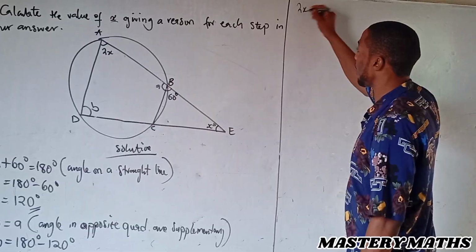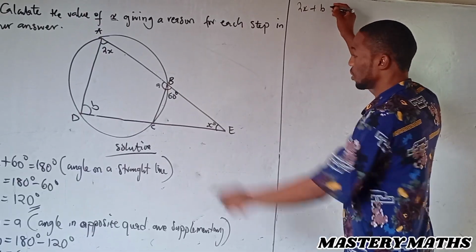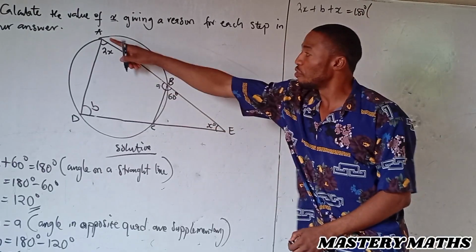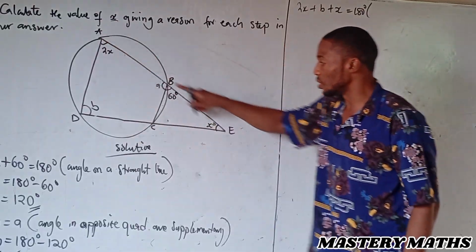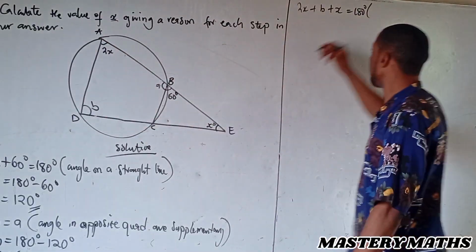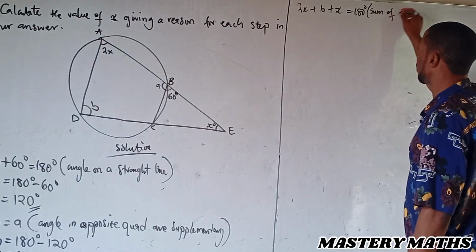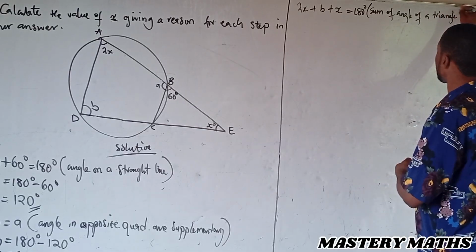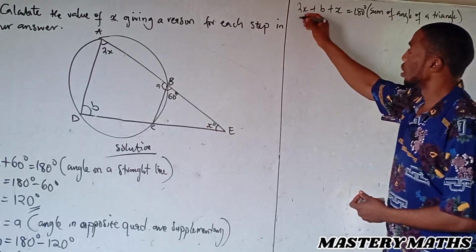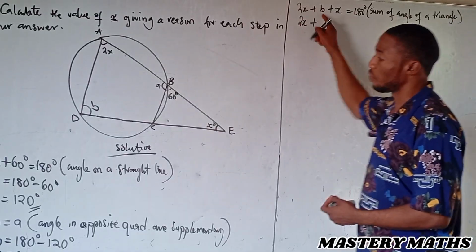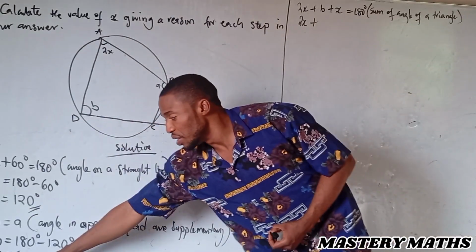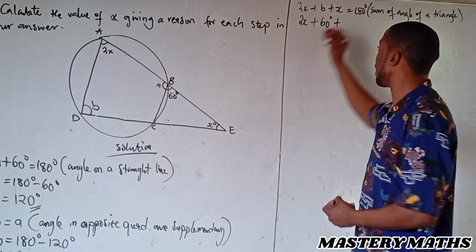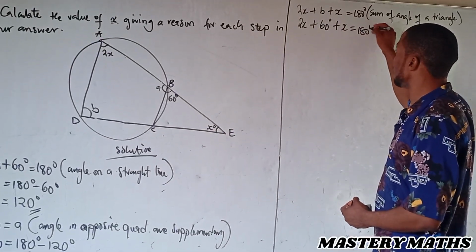It will be 2x plus B plus x equal to 180 degrees, which is the sum of angles of a triangle, because it's a full triangle now. So it will be 2x plus 60 degrees plus x equal to 180 degrees.